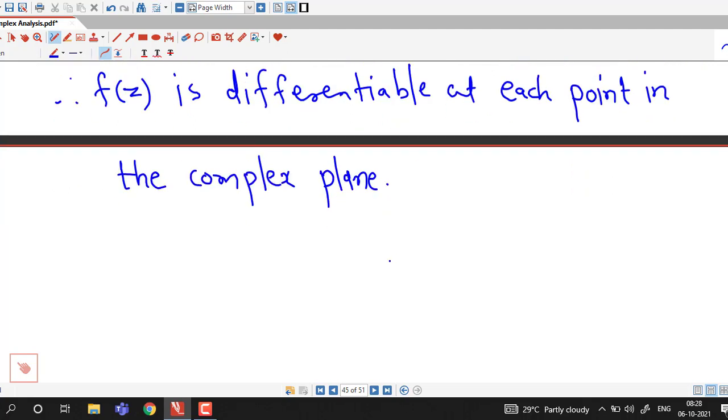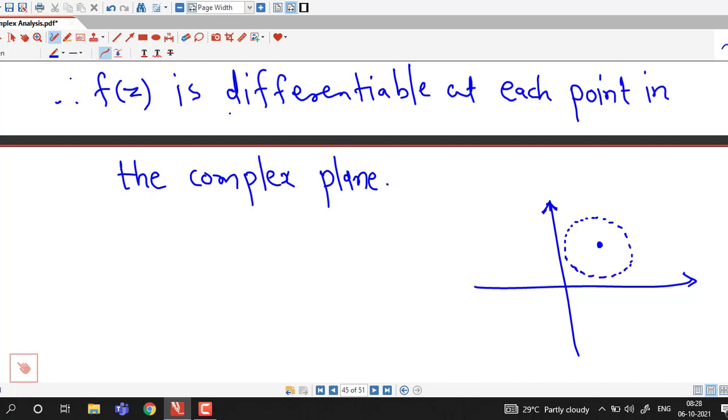And now we have to decide the points at which the function is analytic. Suppose we want to decide analyticity at a point, then the function is analytic at this point if the function is differentiable in some neighborhood of this point.